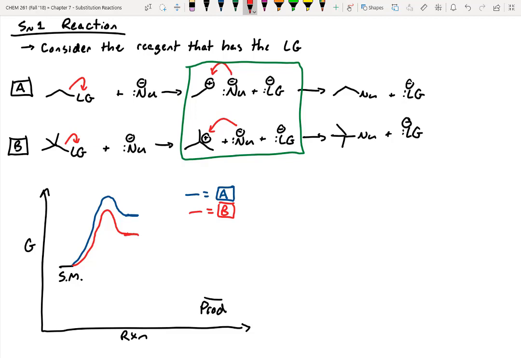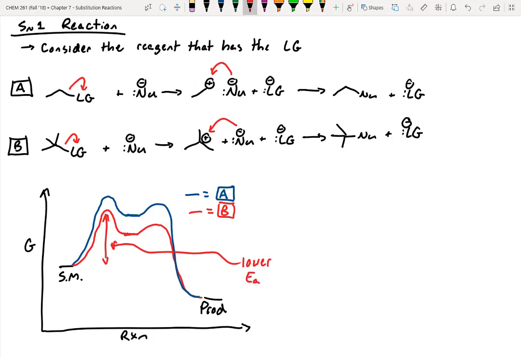And then just for the sake of argument, let's finish out this reaction pathway. And we'd say this has a lower EA. And another way of thinking about this, let's just do this. Sorry, circle this one.